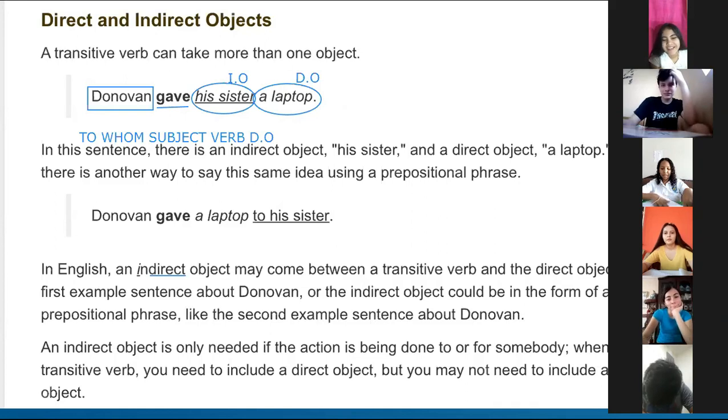Do we need a direct object to have a transitive verb? Yes, it's necessary.